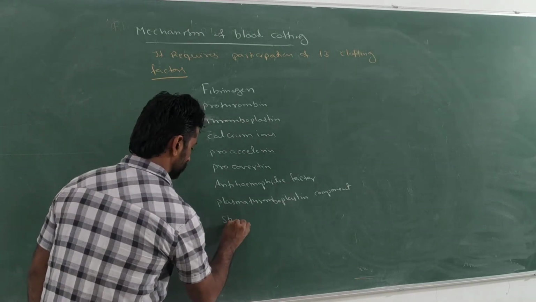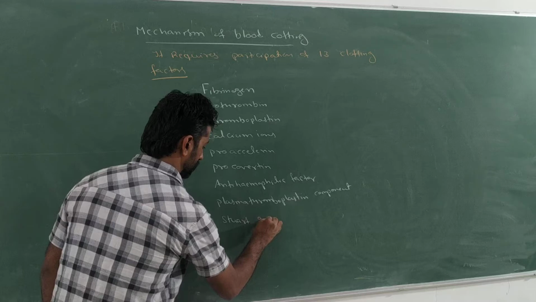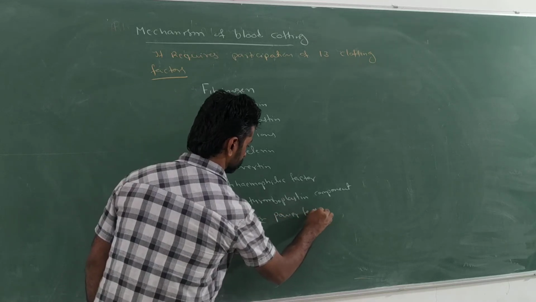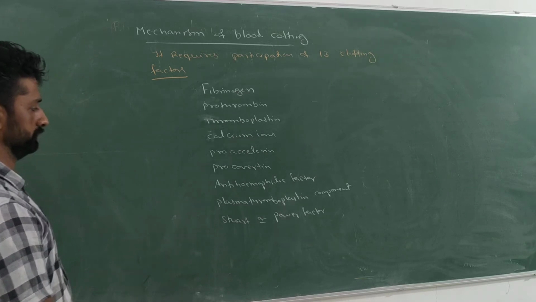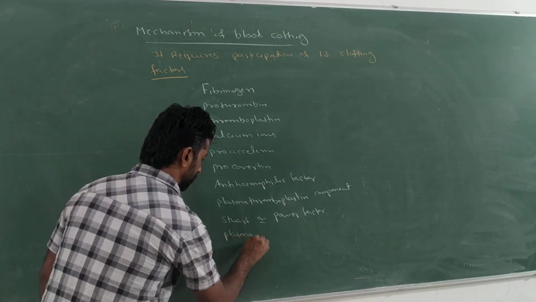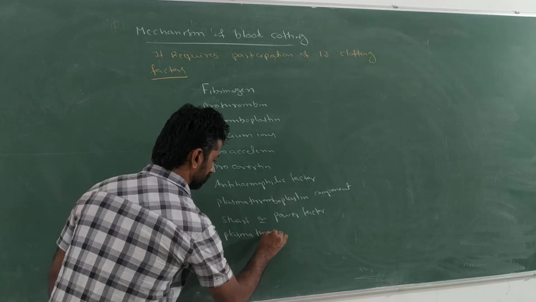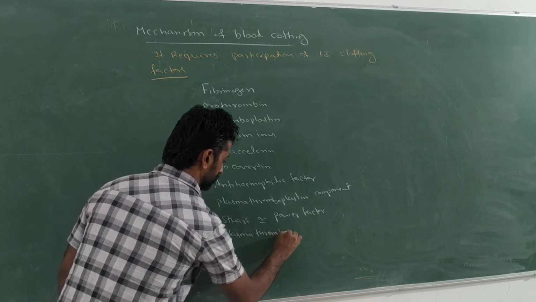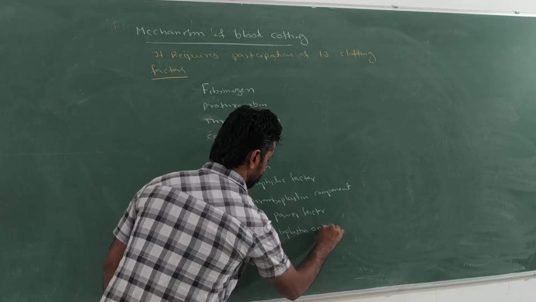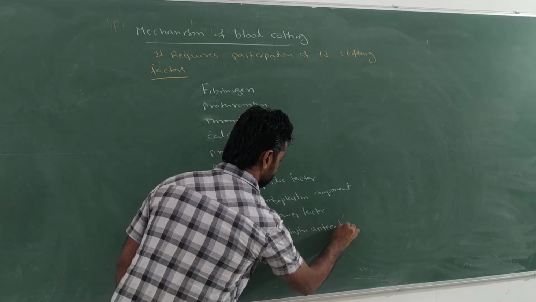Next is Stewart or Prower factor. Next, one more is plasma thromboplastin antecedent.